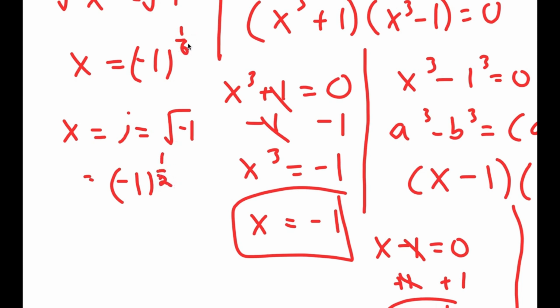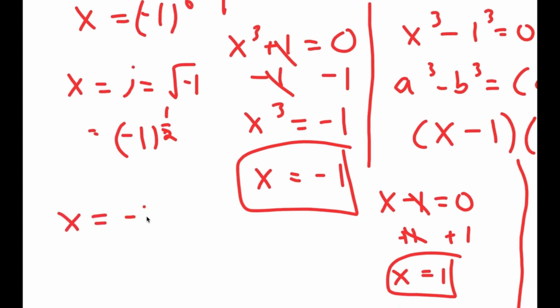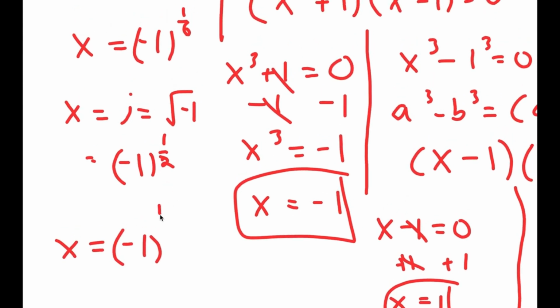So negative 1 to the power of 1 over 6 is the same thing as negative 1 to the power of 1/2 minus something.